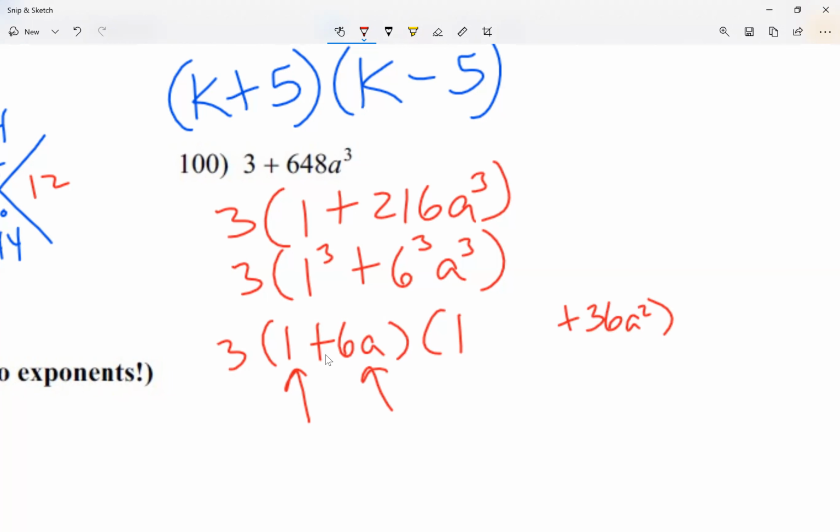Now the term in the middle, first I look at this sign, plus. So I'm going to switch it to minus. Got to switch it. And then I multiply these two terms, 1 times 6a. And my answer in there is going to be 6a. So there, that's how I factored. 3 times 1 plus 6a times 1 minus 6a plus 36a squared.